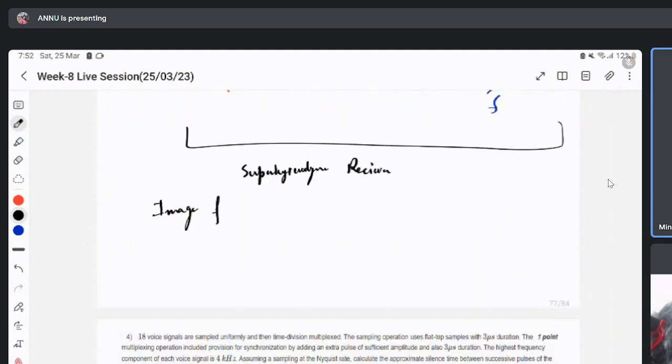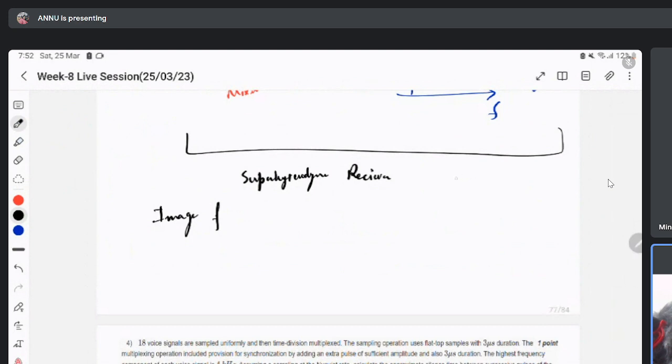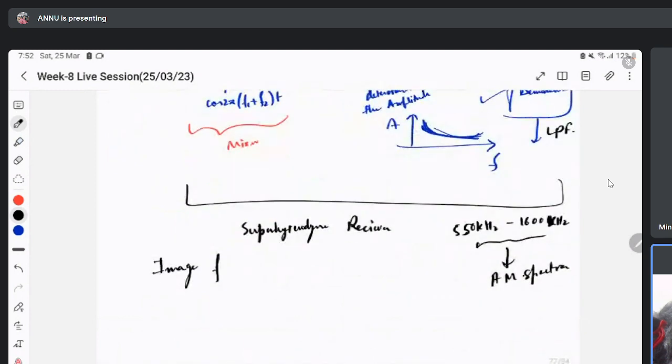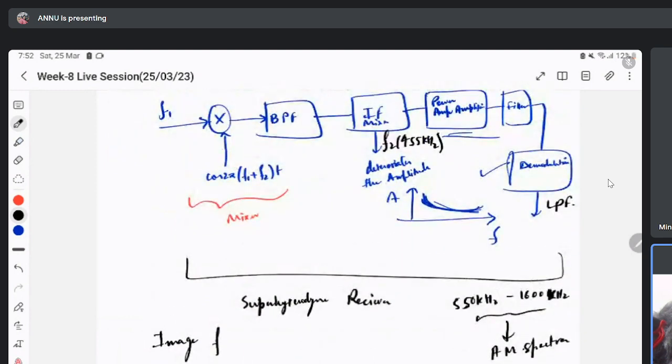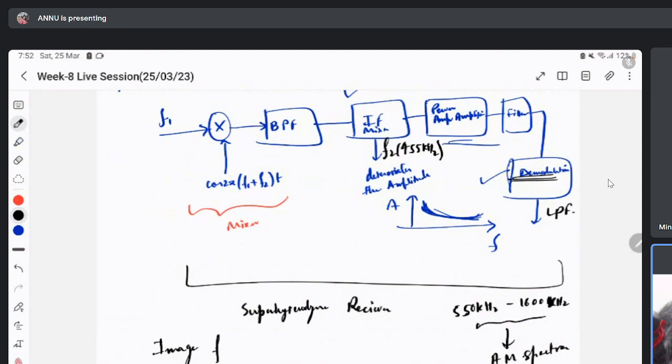Logically, if you see, you have 540 to 1600 kilohertz, then this one is the AM spectrum. So we have to take the IF lesser than this, so that at the end we don't have any issue with demodulation as well.